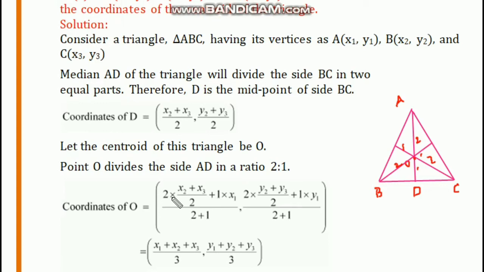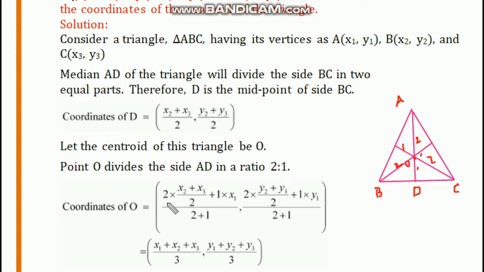So already we know that here the point is (x2 + x3) by 2, and x1 here is the vertex A. So we know the ratio m equal to 2 and n equal to 1.